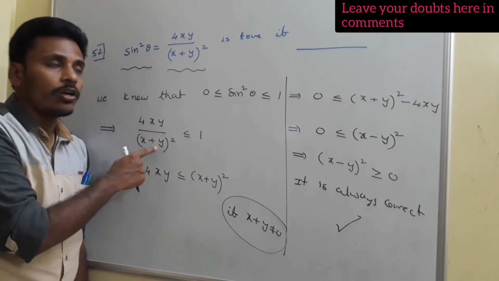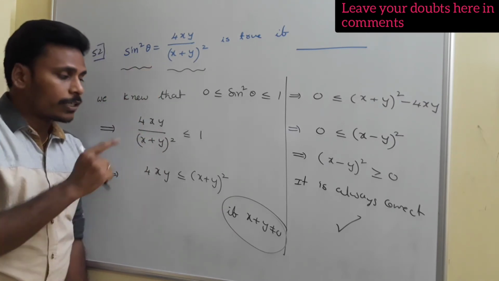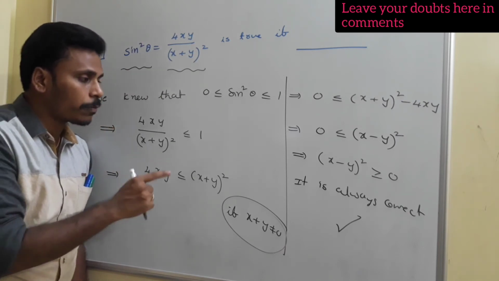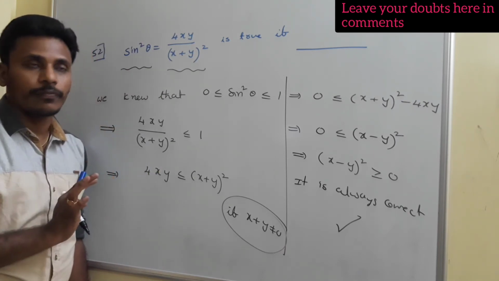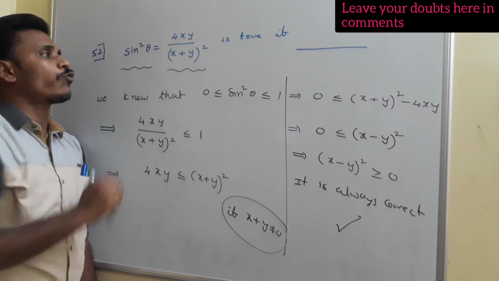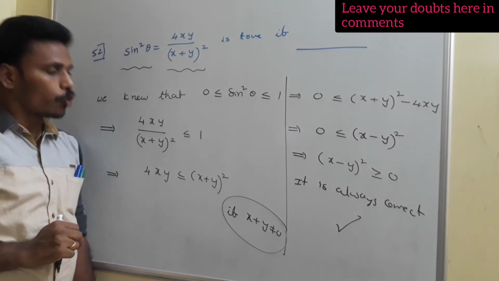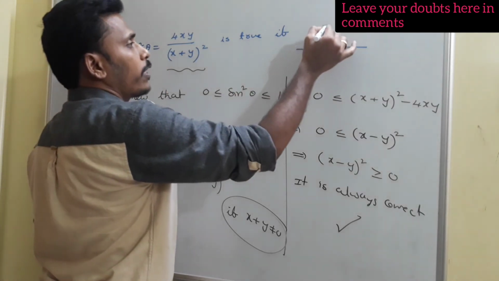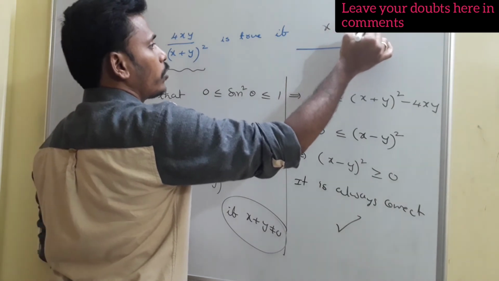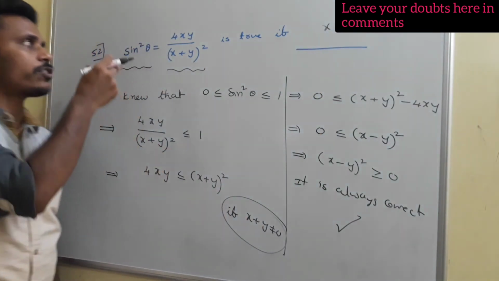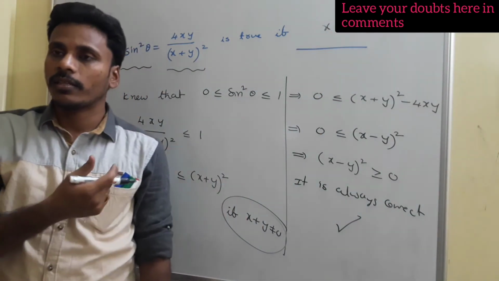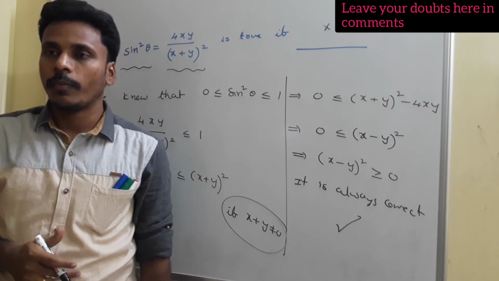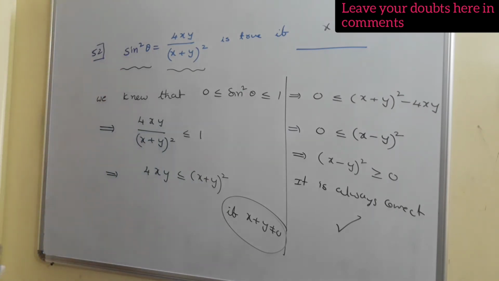If this is 0, then it is not definable. That's why you need to consider that x plus y is not equal to 0. So sine square theta equals 4xy by (x plus y) whole square is true only if x plus y is not equal to 0. That is the restriction. In all the other cases, the given statement is correct. Just have a look at this.